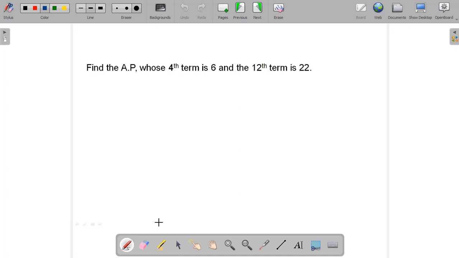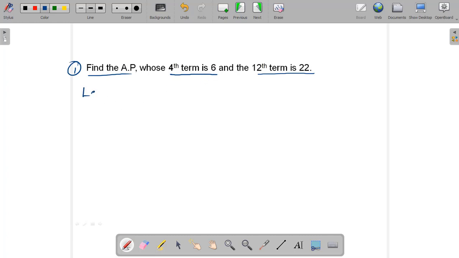Now we explain some problems. This is our first problem. Find the AP. I mean, we have to find the arithmetic progression where the 4th term and 12th term are given. So the 4th term is 6.